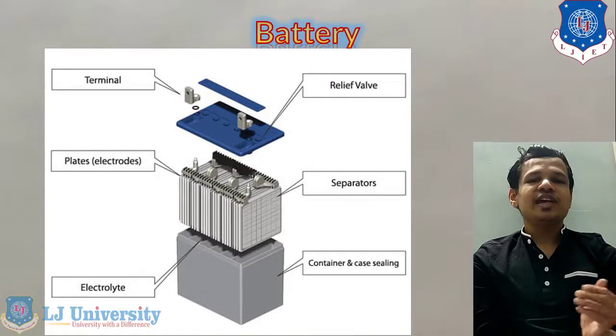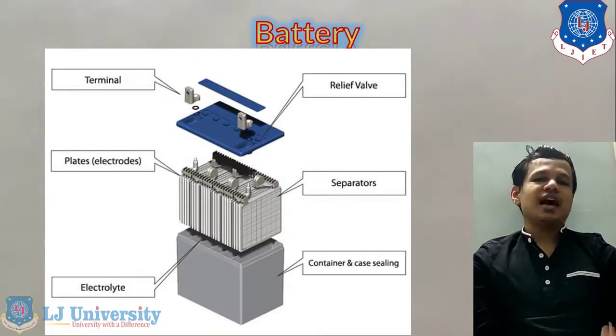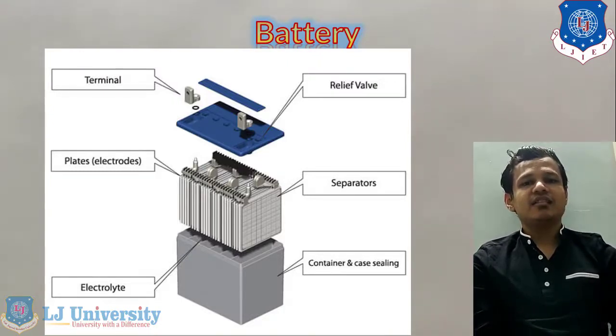The number of electrodes will be an odd number, which means there will be either 15 electrodes or 17 electrodes. So one electrode, either negative or positive, will be more compared to the other.